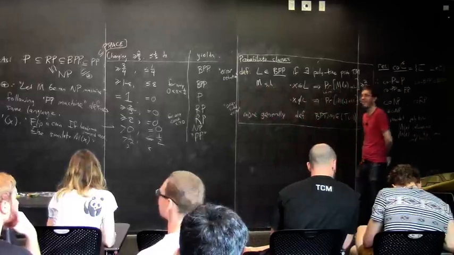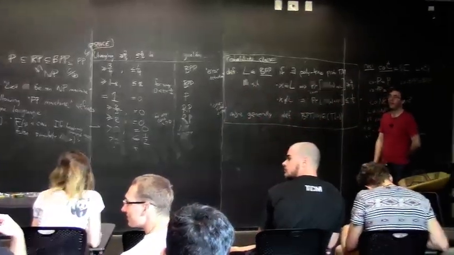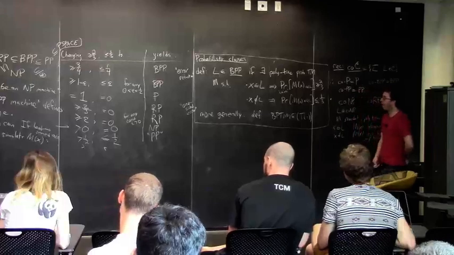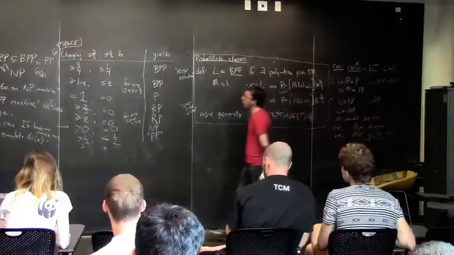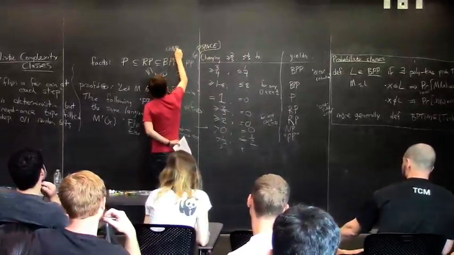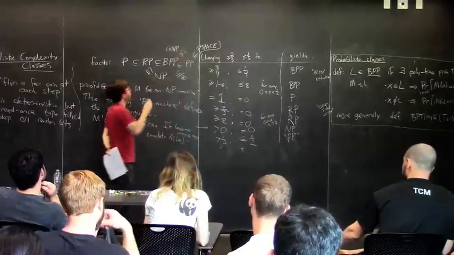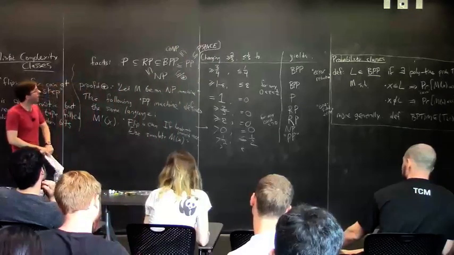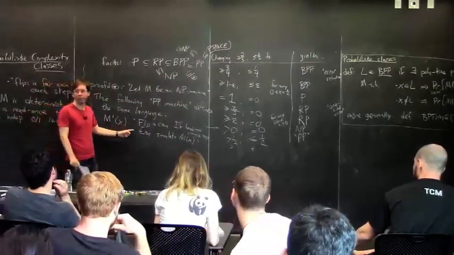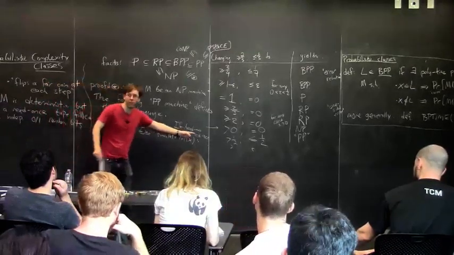So does that mean co-NP is also a subset of PP? Yeah. That's right. You can show that co-NP is a subset of PP directly by using a proof that looks like this. It probably just immediately rejects.